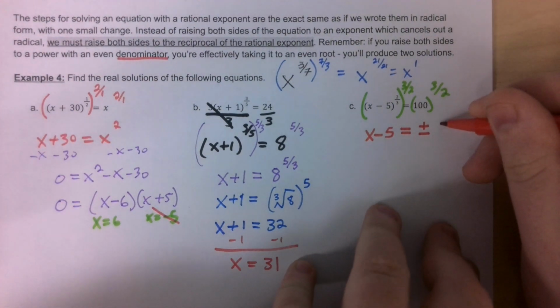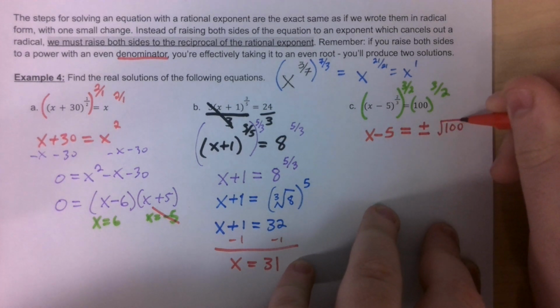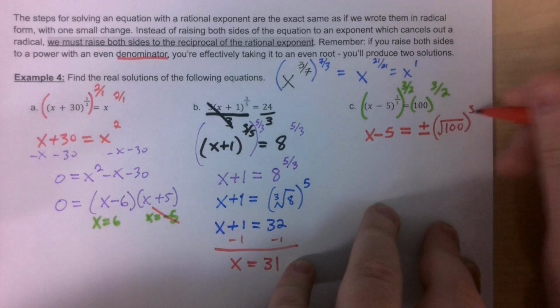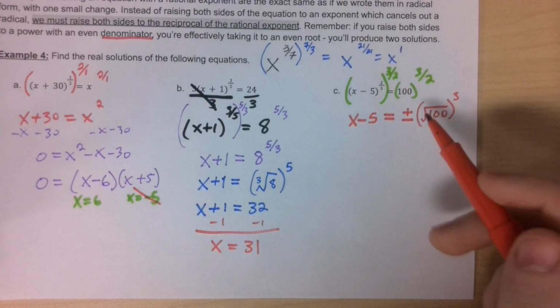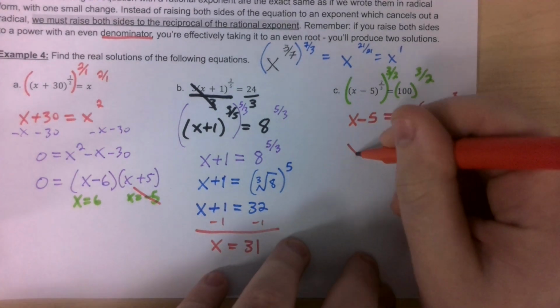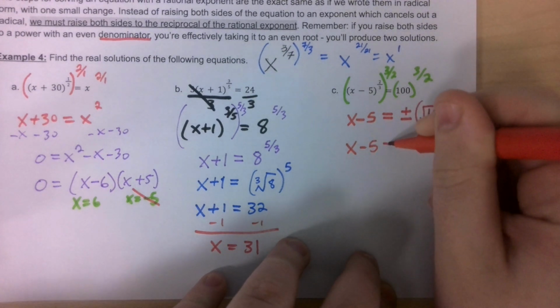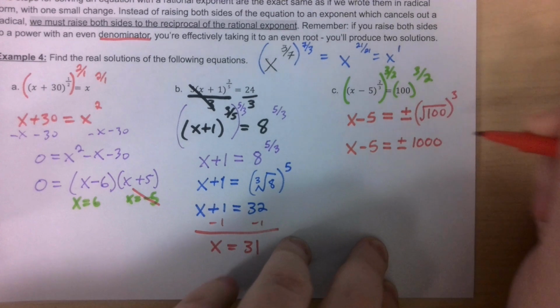Again, we can think of this as the square root of 100, that's why we have a plus and minus, raised to the 3rd power. And since the square root of 100 is plus and minus 10 raised to the 3rd power, we get x minus 5 equals plus or minus 1,000.